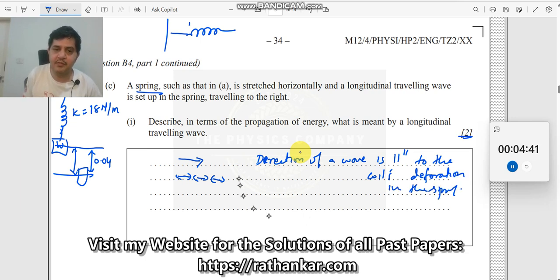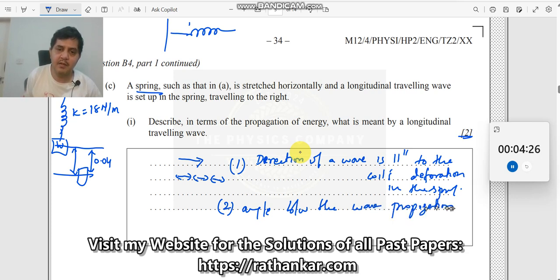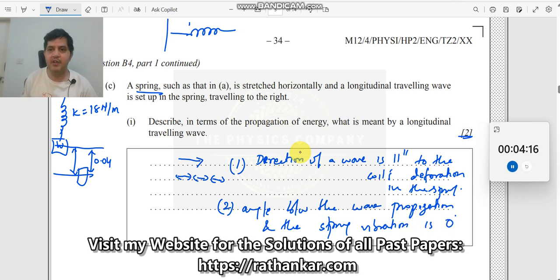This is the first thing that you say. And then you say the angle between the wave propagation and the spring vibration is 0 degrees. That's what you can say. Okay, 2 marks you can easily get this.